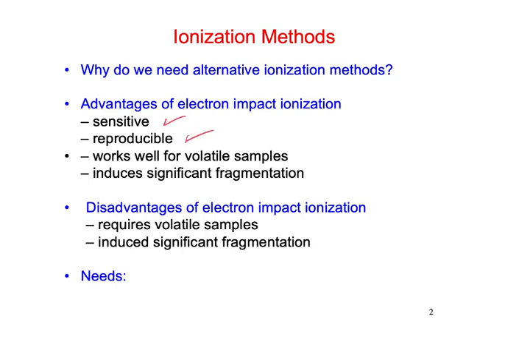We talked about that it's very reproducible, so it's good for searching databases and things like this. Works well on volatile samples, and we can get a lot of structural information because it induces a lot of fragmentation. So what are the disadvantages?